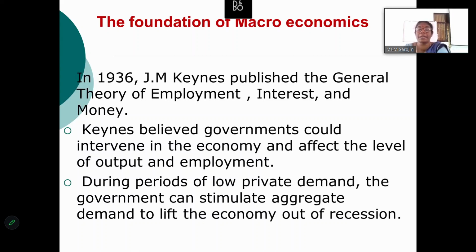Therefore, the Keynesian findings explain that rather than relying on private investment, the government should intervene to rectify this severe reduction in GDP as well as the high unemployment rate.